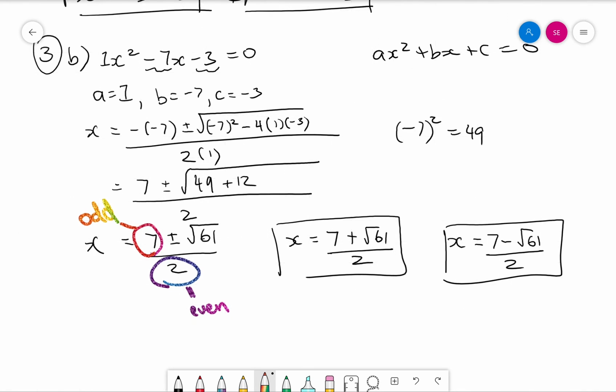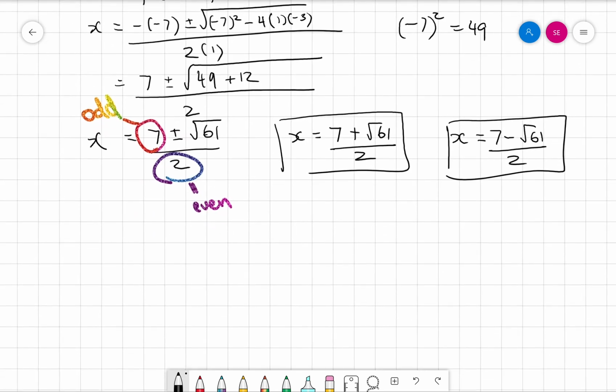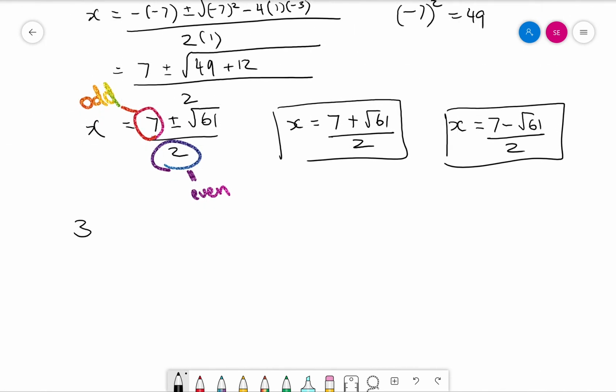Alright, let's do a third and final example. Let's do 3c. So we'll have 2x squared minus 5x plus 2 is equal to 0. Now in the past, factorizing these has been really hard, or I find it pretty hard actually, because it's got a 2 in front of the x squared.